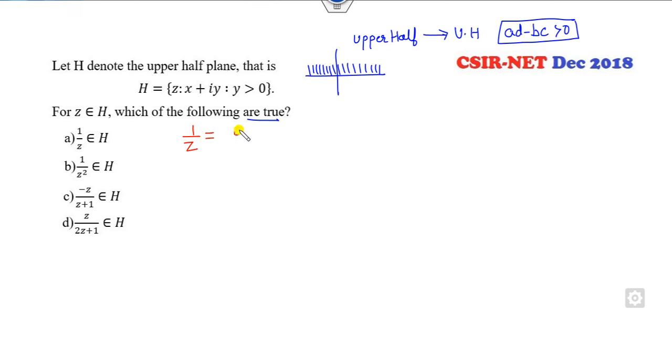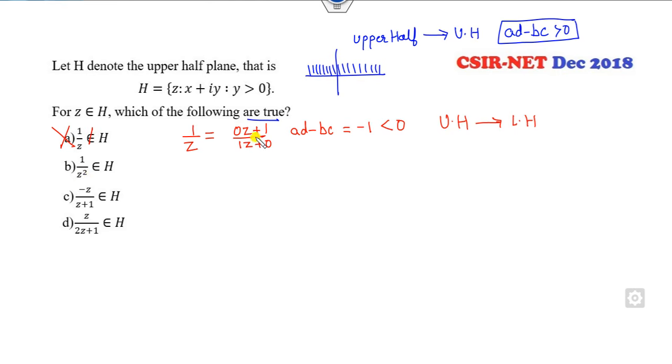For this case, I can write this as 0z plus 1 over 1z plus 0. So what is AD minus BC? 0 minus 1, which is less than 0. It means the upper half will map to the lower half, so this point does not belong to H. First option is cancelled.